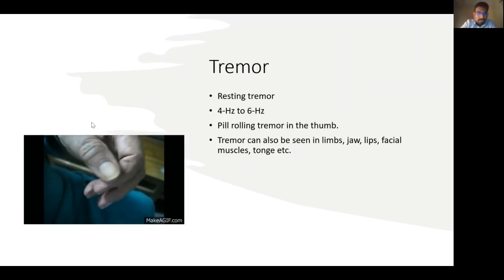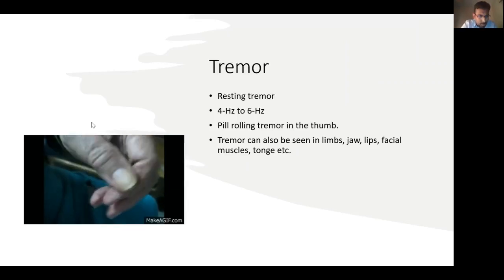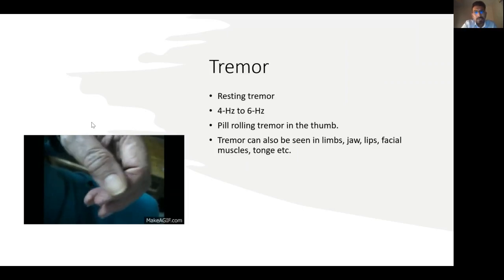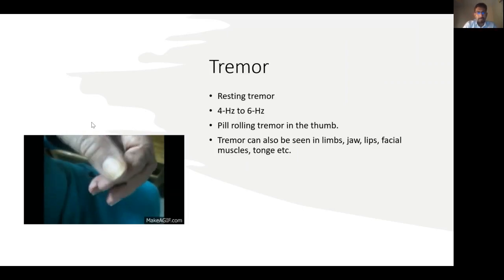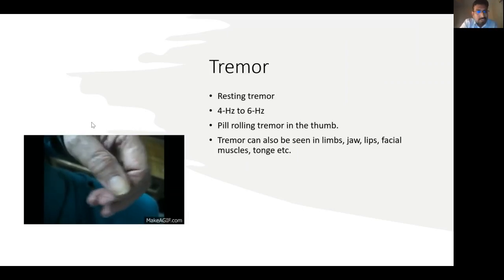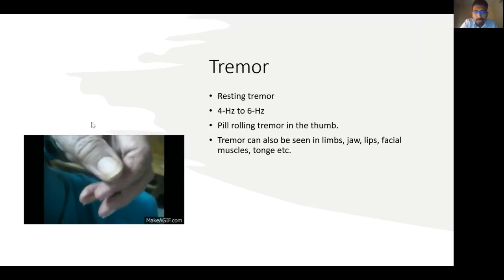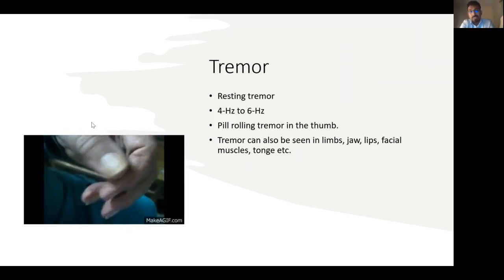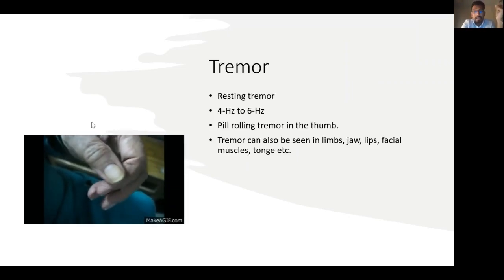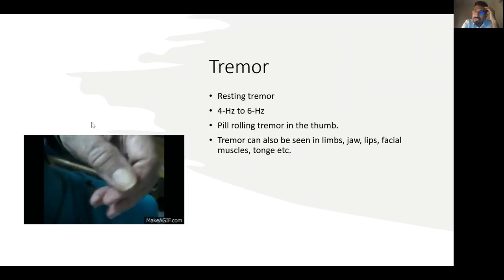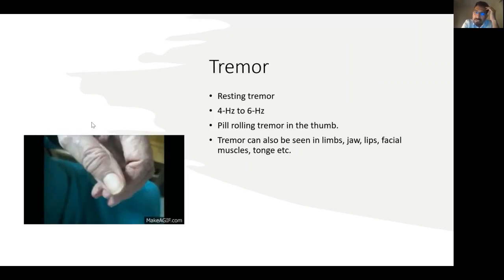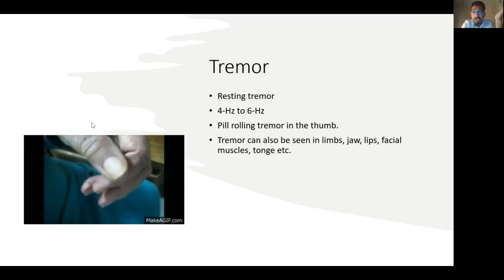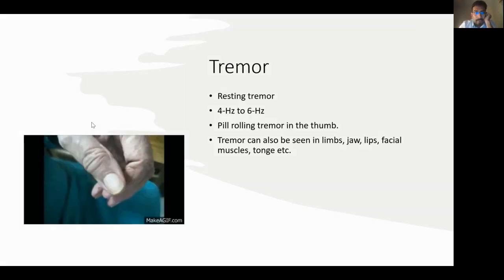This picture shows a characteristic pill rolling tremor of the left thumb. In most cases, this is one of the earliest presentations. This tremor most commonly starts in the arm, in the hand, but you can see it somewhere else, in the leg, jaw, lips, tongue, etc.